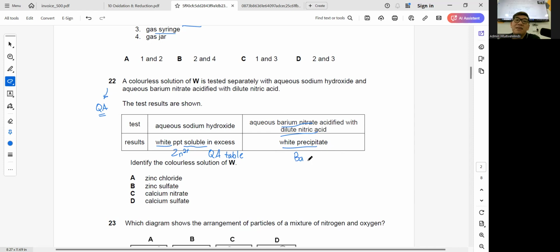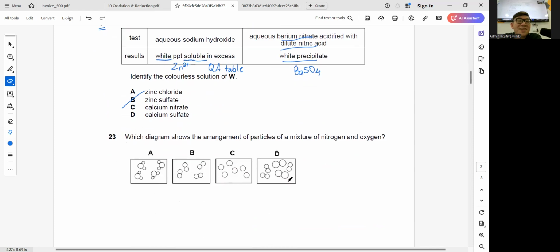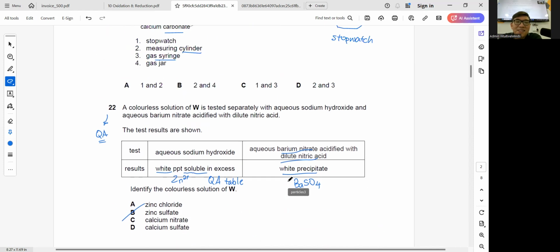Sulfate. It is correct, barium sulfate. So if it's a test for sulfate, then it should be yes. Good that you know. See? First day of lesson.